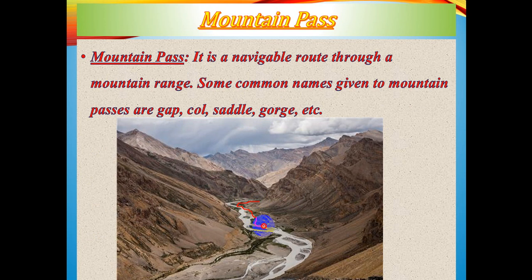At that time, when the valleys are formed, the gap that is developed, the low-lying area that is developed, is a mountain pass. It is a navigable route through a mountain range, and some common names that are given, we term it as gap, col, saddle, or gorge, and these are there where we are having the highest peaks in the northern part of our country.